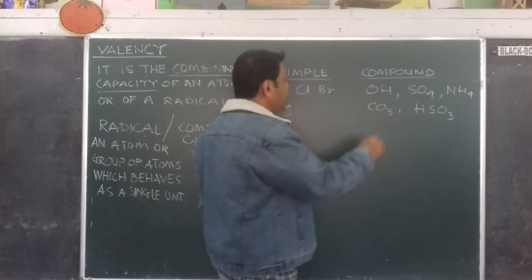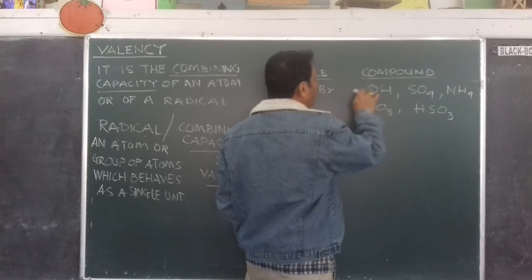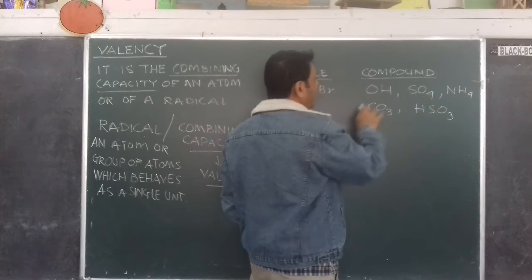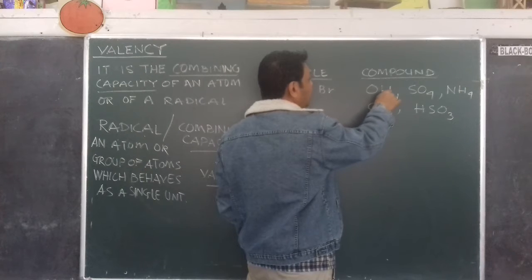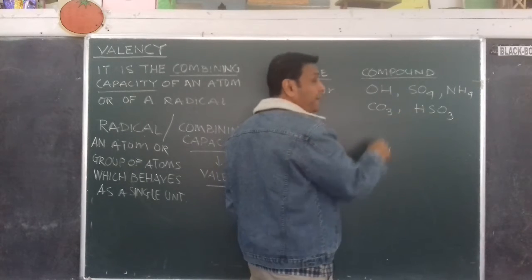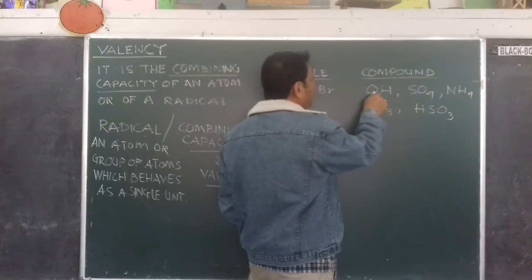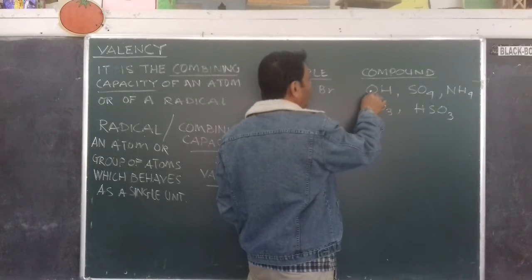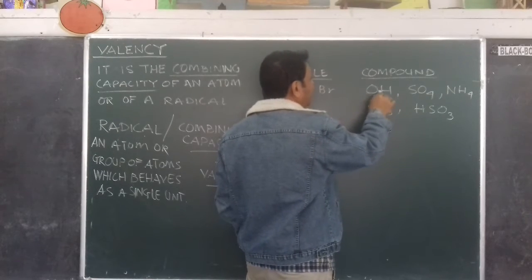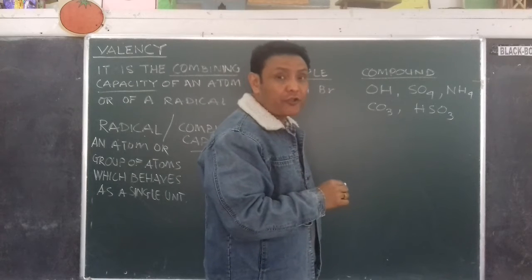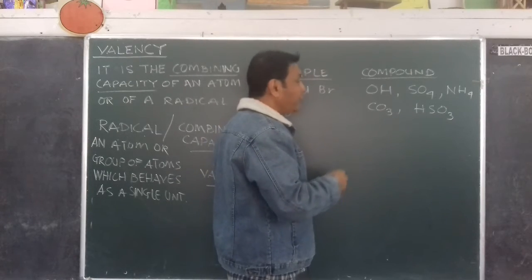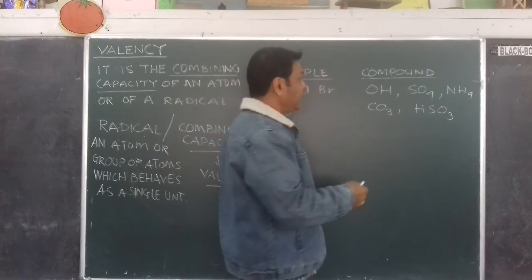Now, for example, hydroxide, we call it OH. Hydroxide is OH. You got to remember that. Hydroxide is OH, whose valency obviously is 1. It is made up of two elements, O for oxygen, H for hydrogen, and it behaves like a single unit.